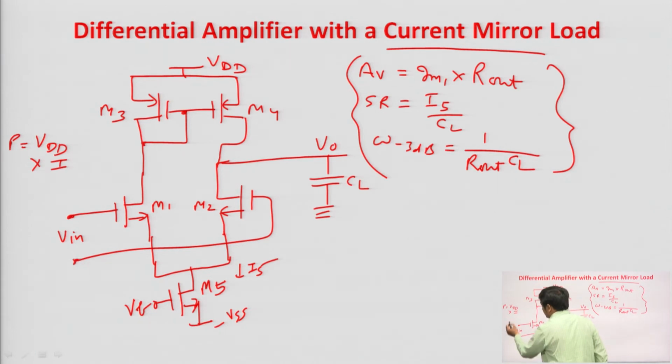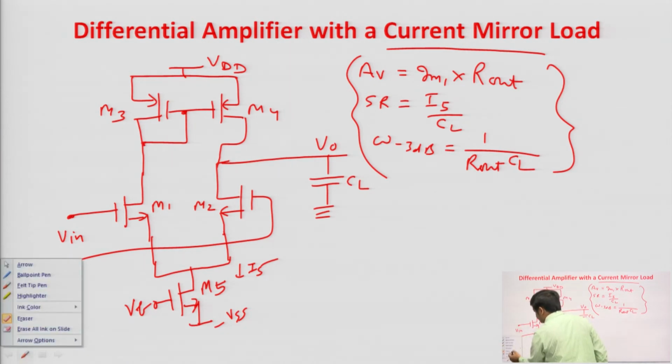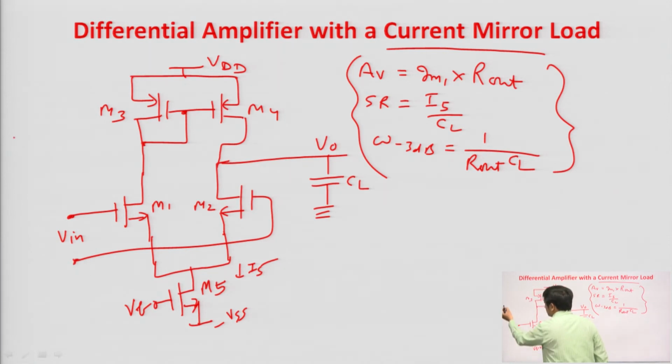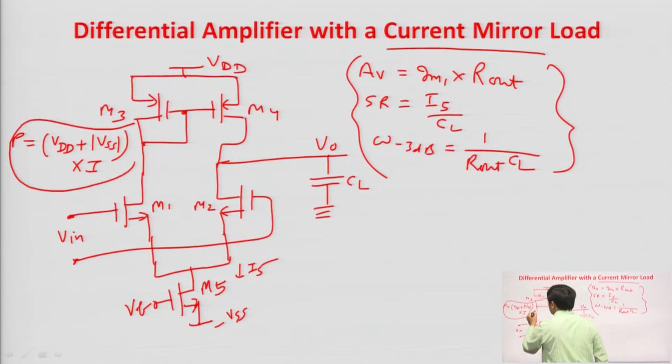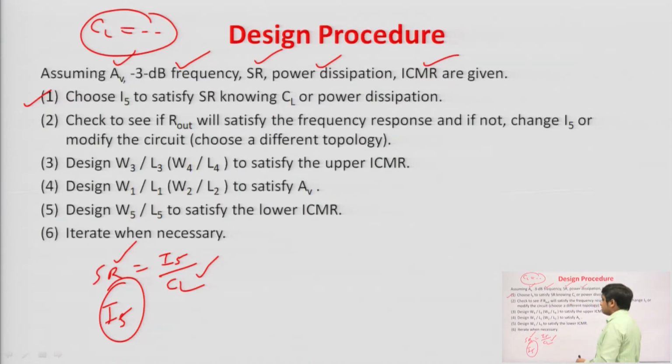The power consumption will be equal to VDD plus mod of VSS into I, right, if we are using dual supply. So, from here we can get the value of power consumption if we know the value of I5.